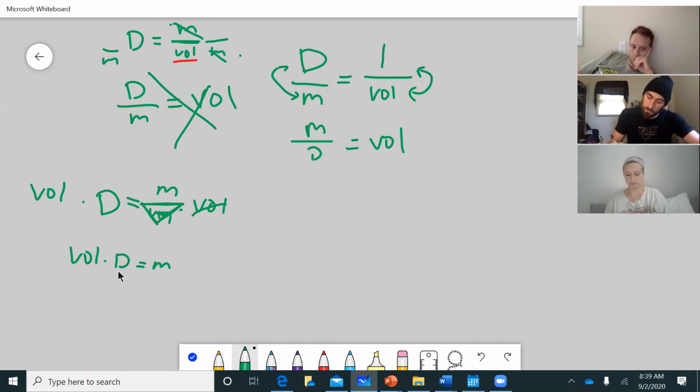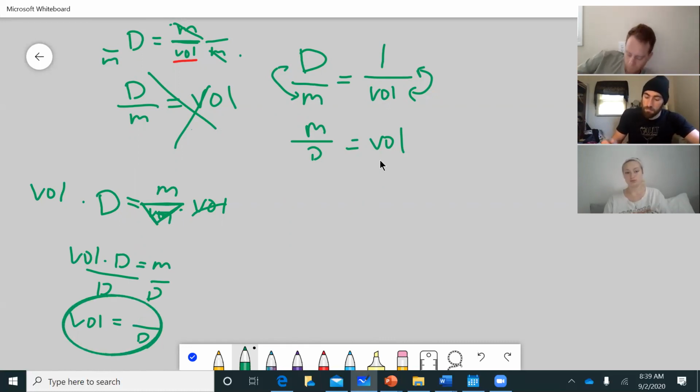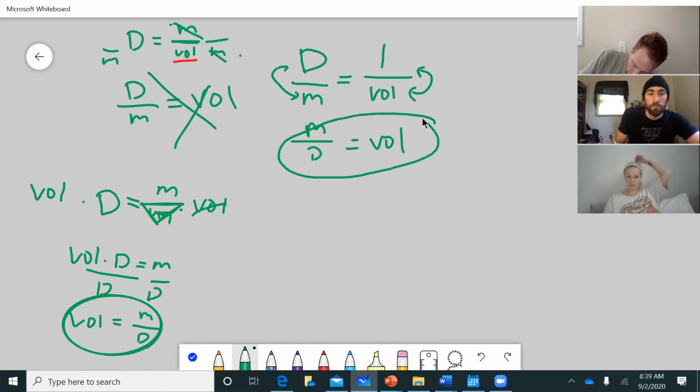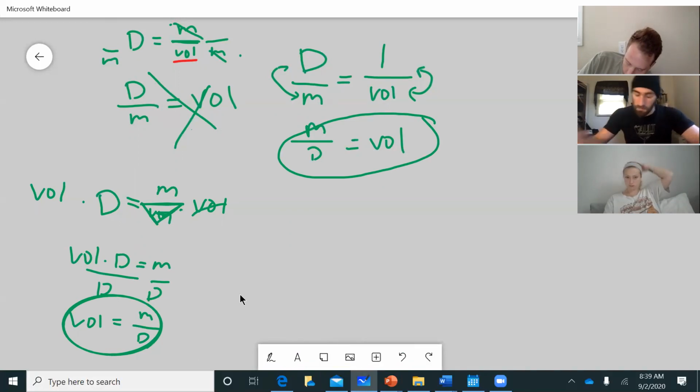Then from there, to get volume by itself, I'll divide this side by density and divide this side by density, and I get volume equals mass over density. This is the same thing as this, right? So two different ways to solve it. You can figure out whichever one works better for you. Isolating variables is going to pop up throughout the semester.